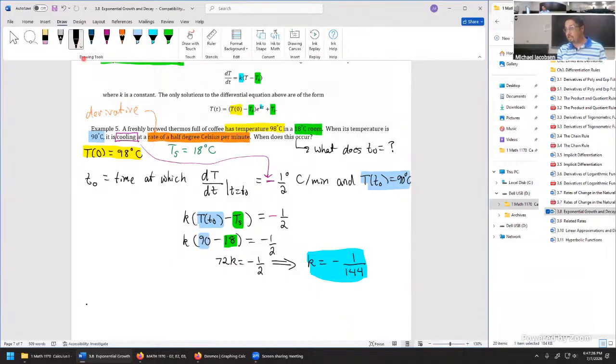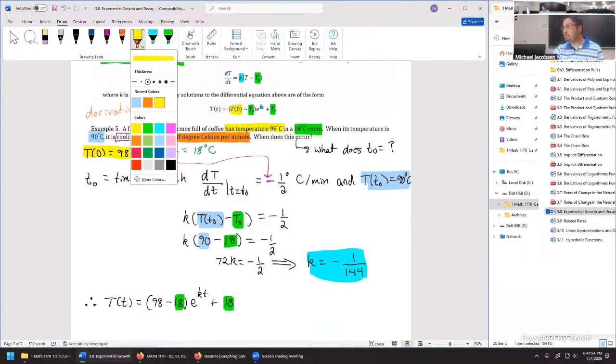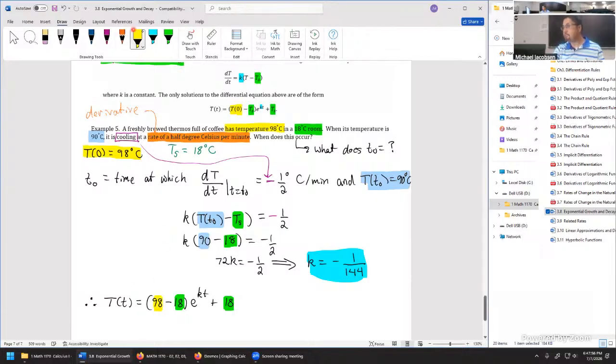So now in the next step, we can say, therefore, temperature at time T, any time T, is now, take the initial temperature, 98 degrees, minus the surrounding temperature, 18 degrees, times e to the power of K times T, plus the surrounding temperature, 18 degrees. So we have a computation and another substitution to get through.